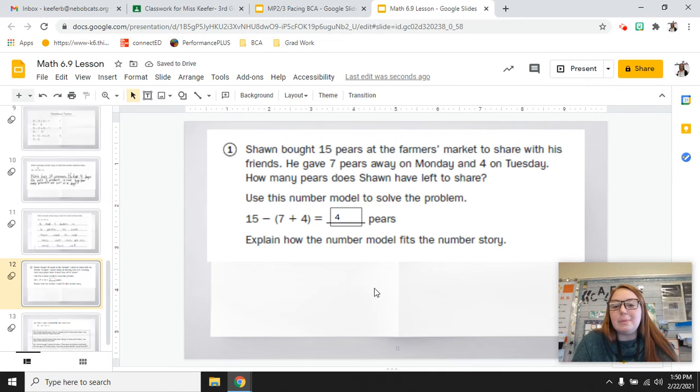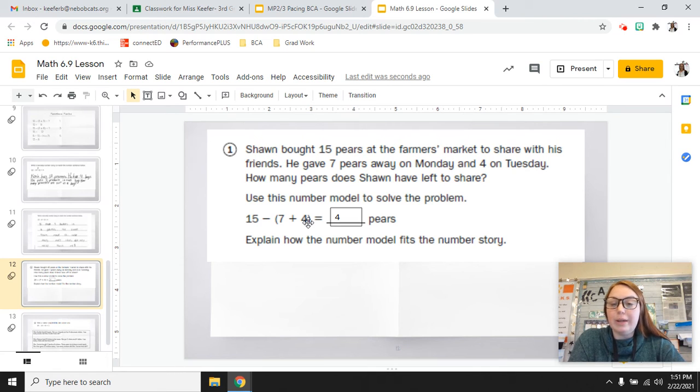So then it says, explain how the number model fits the number story. And again, this isn't in your workbook. This is one we're just talking through. So how does the number model fit the number story? Well, 15 is the total number of pears that Sean bought at the farmer's market. And then it says that he gave away 7 on Monday and 4 on Tuesday. So in the parentheses, we did 7 plus 4 to figure out the total that he gave away, which would be 11.